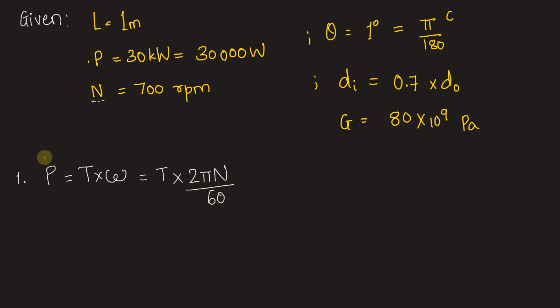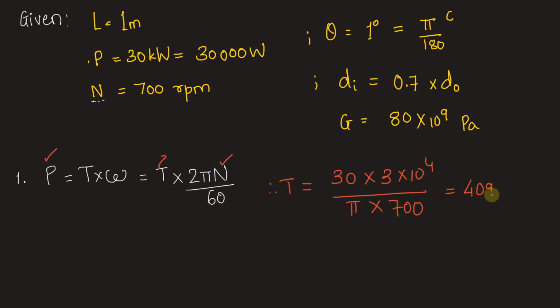By rearranging this, we have P and N, so we can find out T here. Therefore, T will be equal to 60 by 2, that means 30, into power 3 into 10 to the power 4 divided by pi into speed 700. This when calculated using digital calculator gives 409.255 Newton meter. Now we have the torque with us.